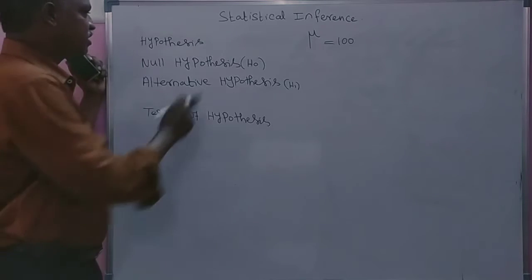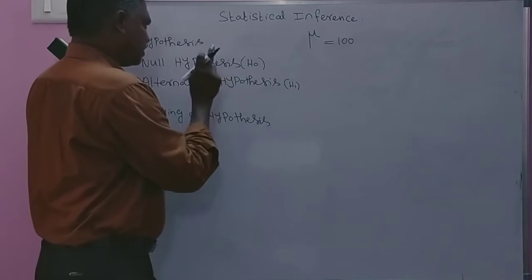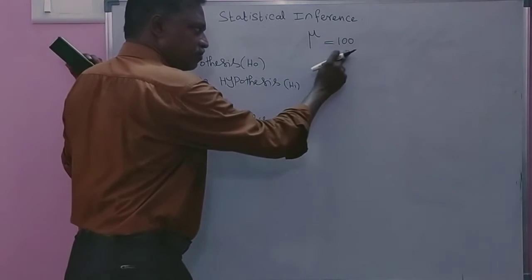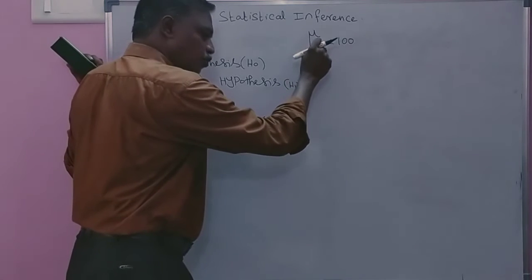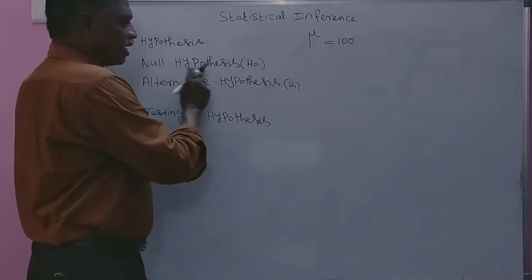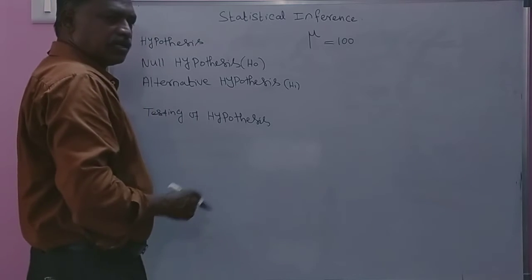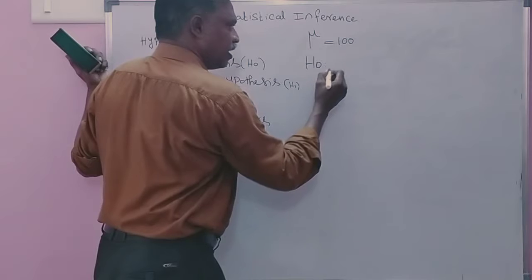Once again, the null hypothesis is what we test for possible rejection under the assumption that it is true, based on the sample values. Usually the null hypothesis is denoted by the symbol H naught. In the null hypothesis, we always accept the hypothesis.